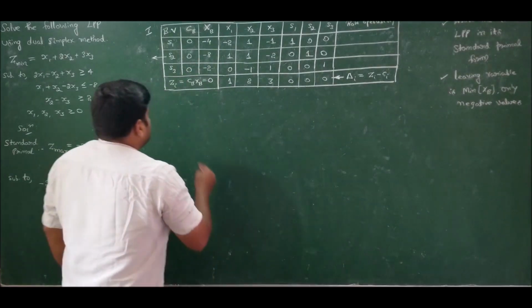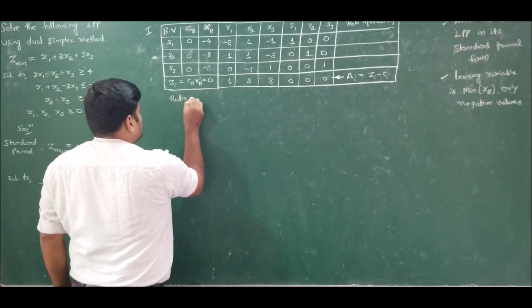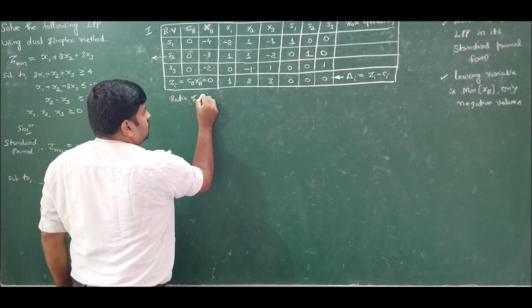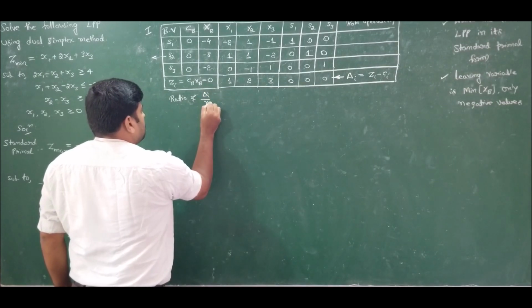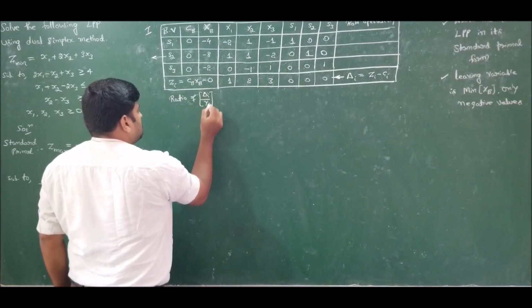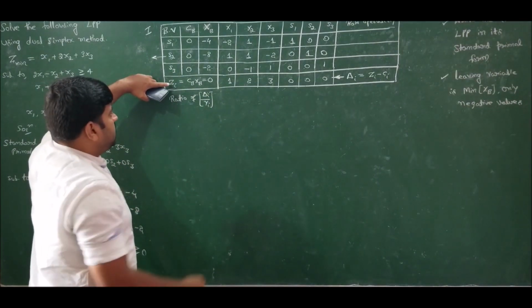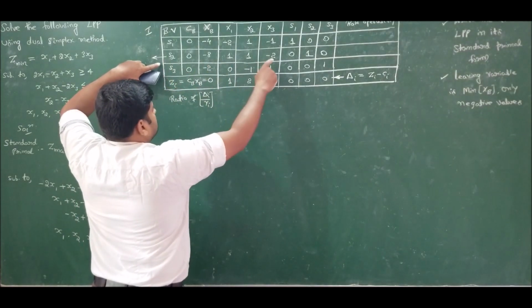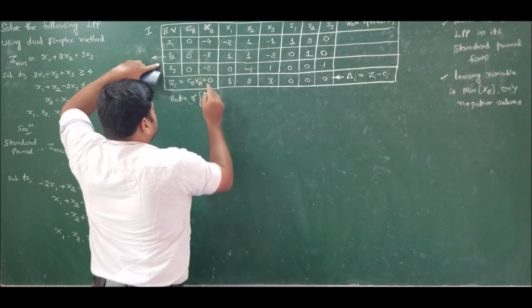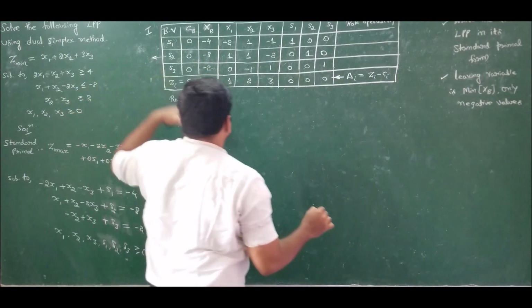Now you calculate the value of ratio of delta I by yi. Ratio of delta I by yi means we have delta I calculated divided by y2, correct? So therefore you should take the ratio of y2.